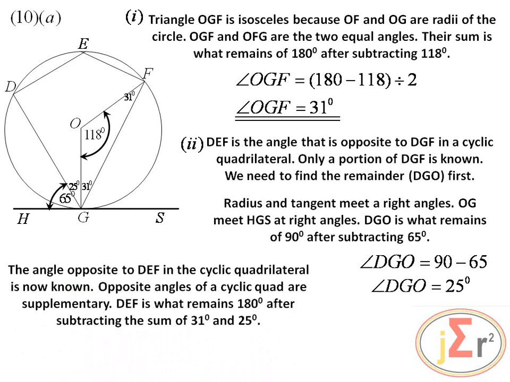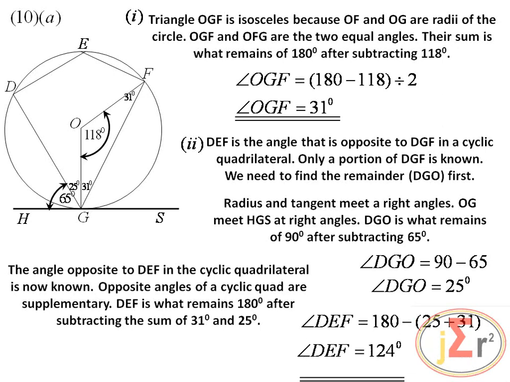Opposite angles of a cyclic quad are supplementary. DEF is what remains of 180 degrees after subtracting the sum of 31 degrees and 25 degrees. And what is that? 124 degrees.